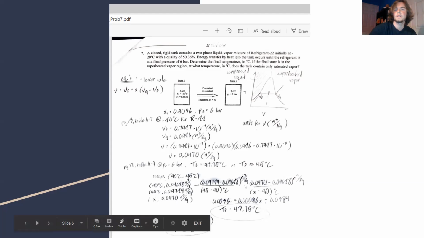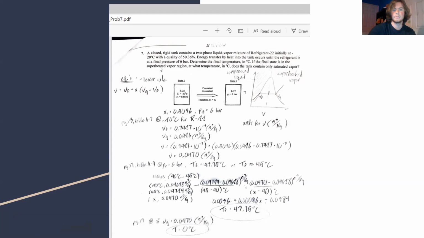As for the second question, if the final state is in the superheated vapor region, at what temperature does the tank contain only saturated vapor? The way I interpreted this was that the specific volume value we found, 0.0470, is going to be the saturated vapor value. Look at a generic T-v diagram.